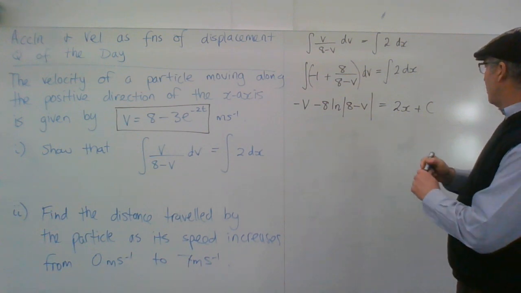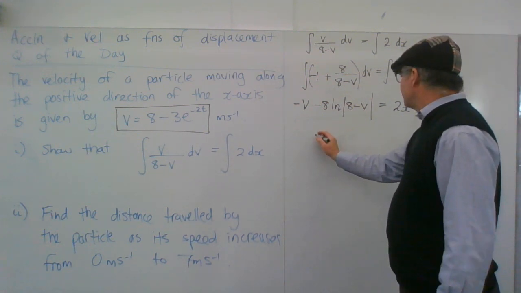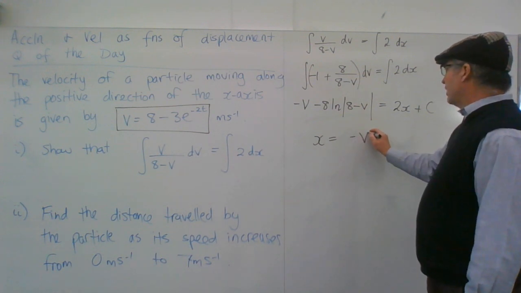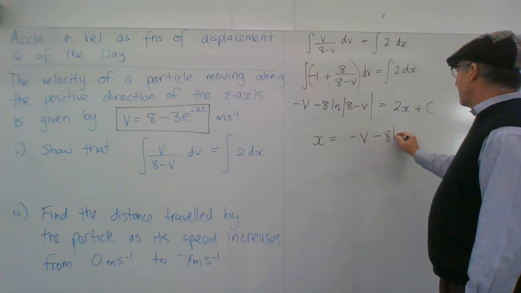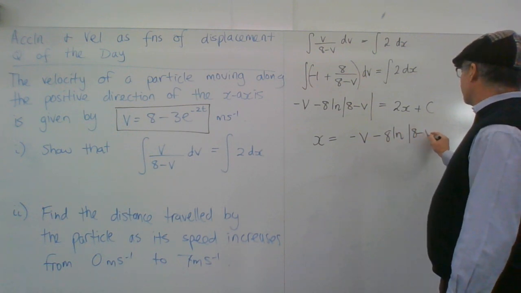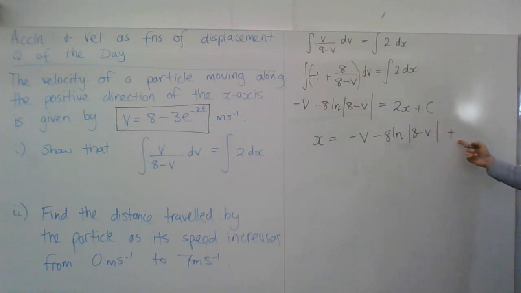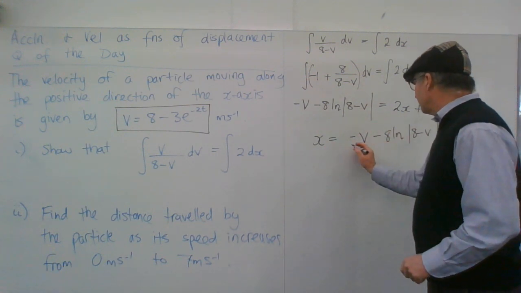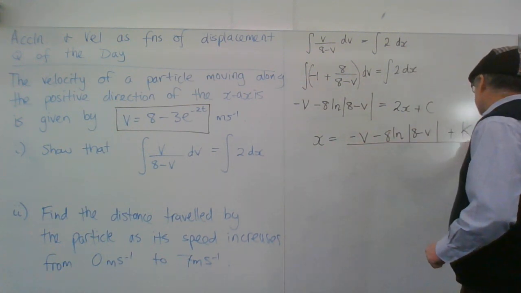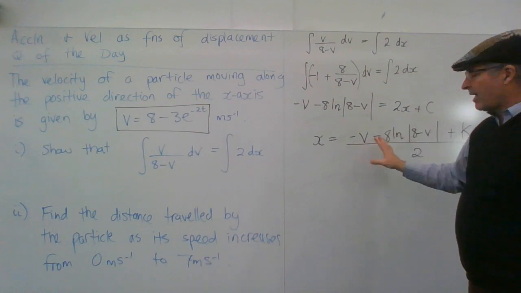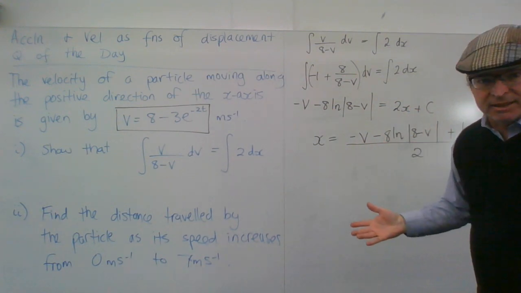So I guess x is equal to minus v minus 8 ln 8 minus v plus some constant. I know I had plus c and this should be minus c, so I'll just call it some other constant now. And that'll have to be divided by 2.